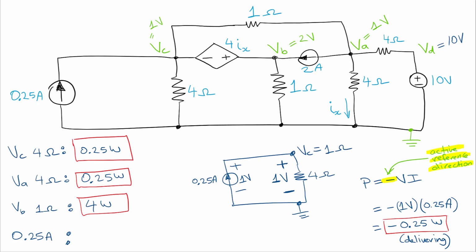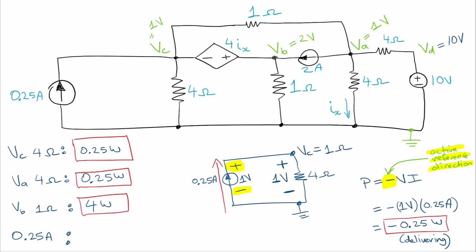So what we have here is current flowing in this direction, okay, through that current source, and we know the polarity of the voltage, with the minus sign on the bottom and the plus sign on the top. And whenever we have that configuration, we know that we're using the active reference direction, and if we're using the power formula, we have to use this minus sign in the equation. So it's minus VI, okay? So this is going to be tricky, so you need to know this.